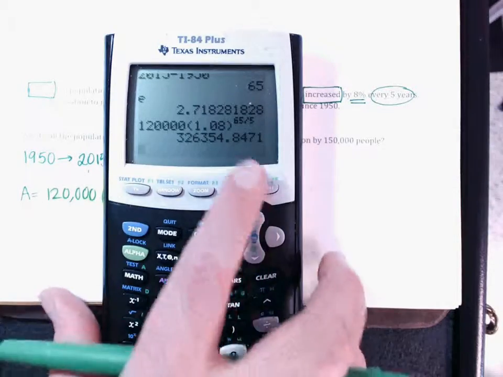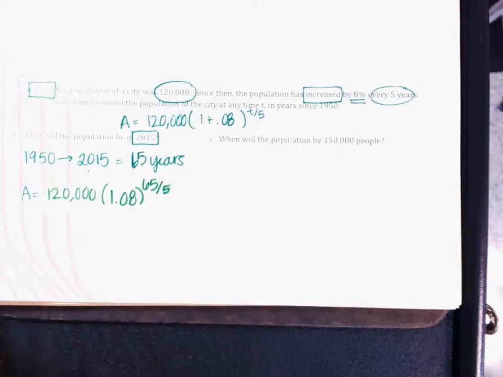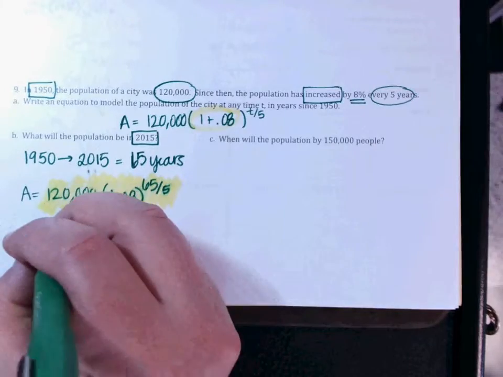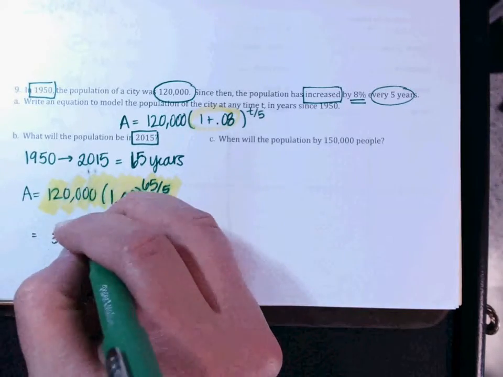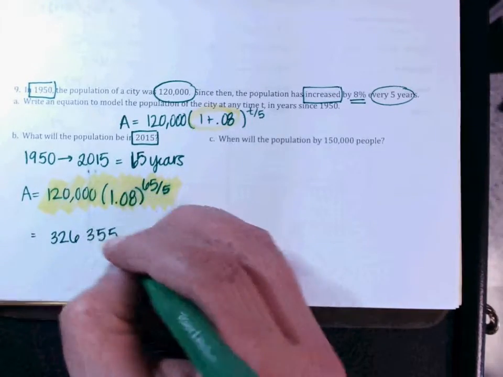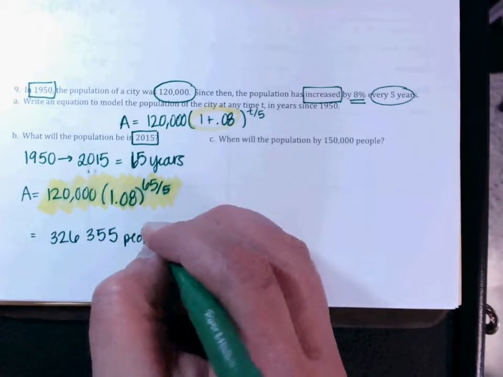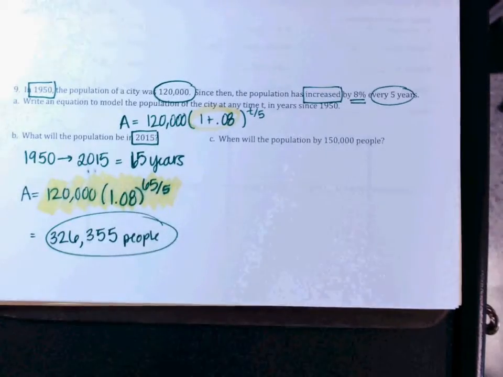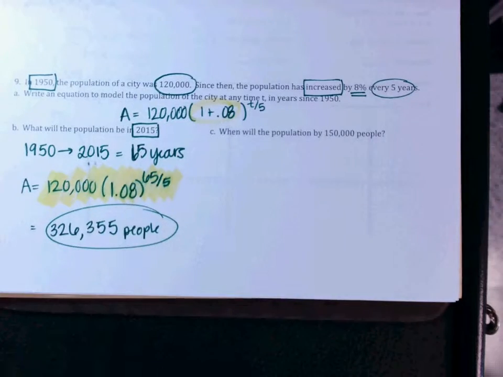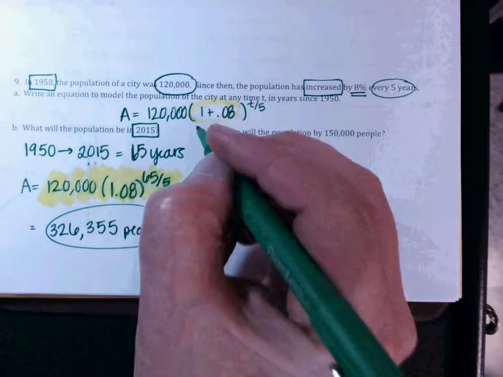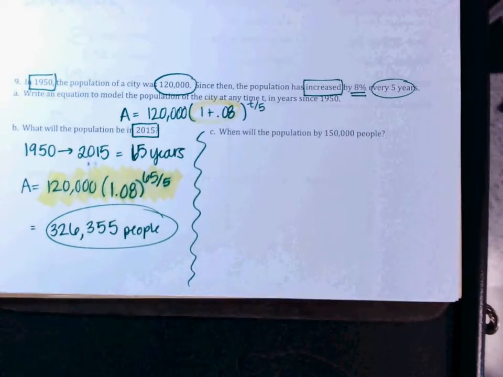Up, because it's a 0.8. So I would have 326,355 people. Now go to part C.